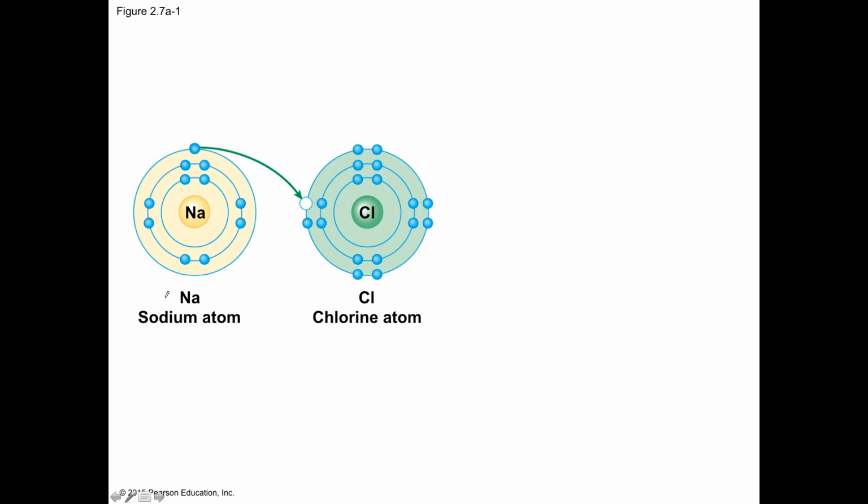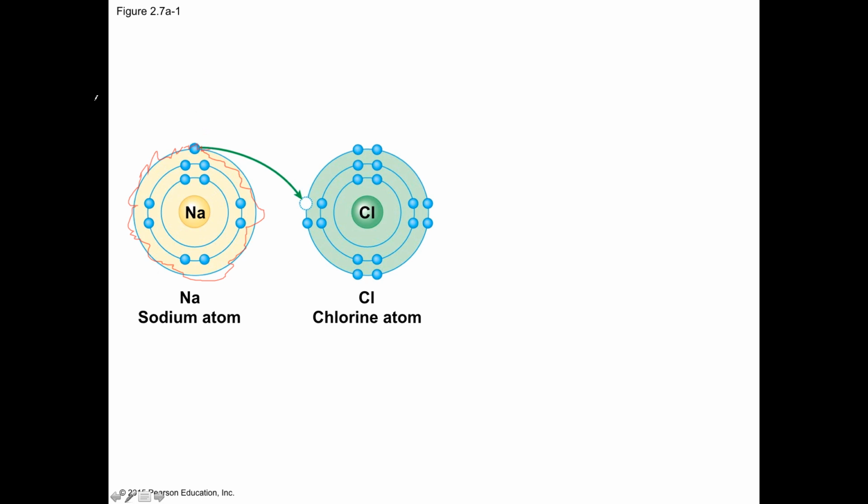Remember, we said they want 8 valence electrons in their outer ring. So imagine if sodium gives this electron over to chlorine, this outer ring is now gone. This whole outer ring will be gone. And then what's left? 1, 2, 3, 4, 5, 6, 7, 8 electrons in that inner ring.